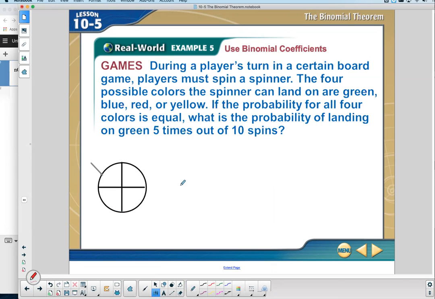So it labels them that one of them is red, one of them is blue, one of them is green, and one of them is yellow. So you come over and you spin this and you want to see what it lands on. If the probability of all 4 colors is equal, so I try to make it as equal as possible, what is the probability of landing on green 5 times out of 10 spins?